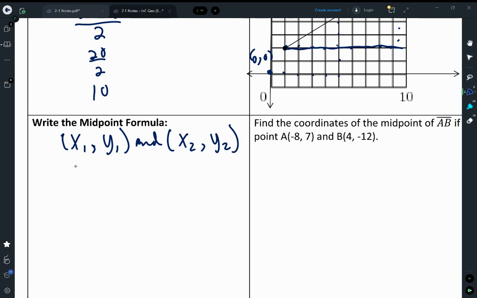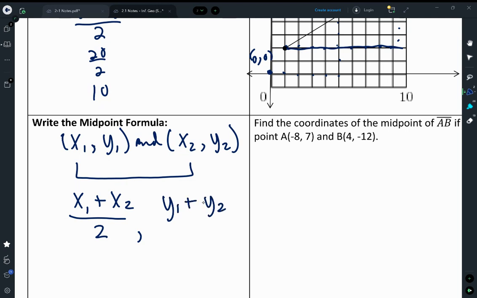So what I want to do is take my x's and add them together and divide by 2. So I'm averaging my x's to get my new x. And then I'm going to average my y's together and get my new y. So this is going to give me an x midpoint and a y midpoint. So that's what my answer ends up being.